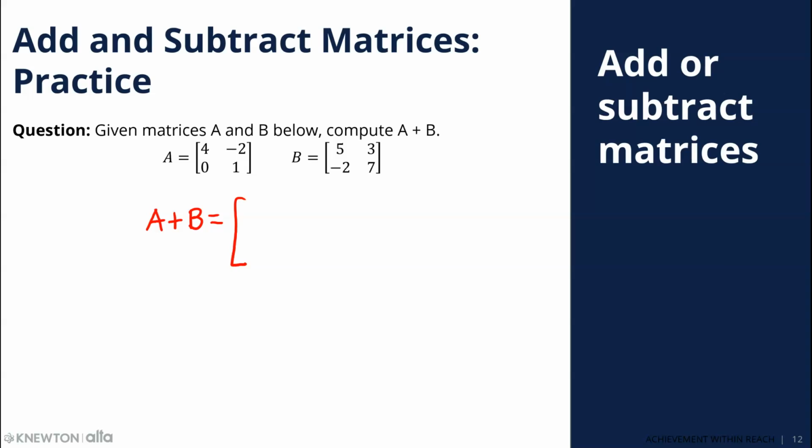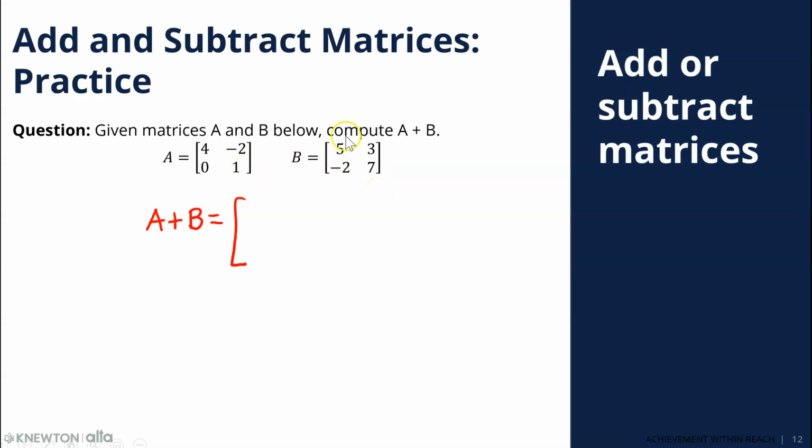So again, before you can add or subtract matrices, you make sure that both matrices are of the same dimension. In this case, matrix A is 2 by 2 and matrix B is also 2 by 2. So the sum of these two matrices is also a 2 by 2 matrix.